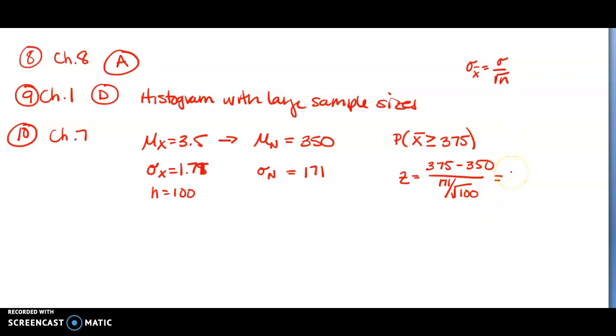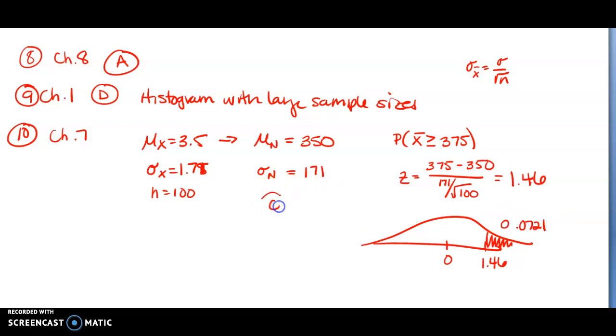And then we plug that in, and you're going to get a z-score. The z-score turns out to be about 1.46. Again, you look that up in your table. You're looking for 1.46, and they want to know the probability that it's greater than 375, and that turns out to be letter C, or 0.0721. So this is letter C for number 10.